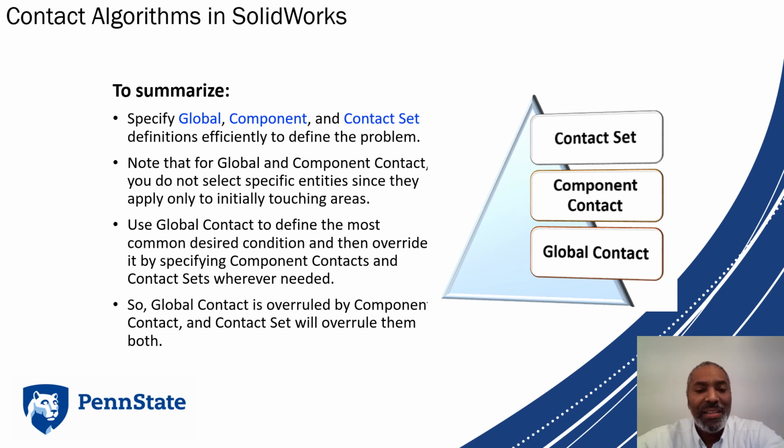The global contact defines the most common condition that you want. It'll apply it everywhere, and then you can override that with component or contact sets wherever you're needed. And you can do that because the component and contact sets override global.